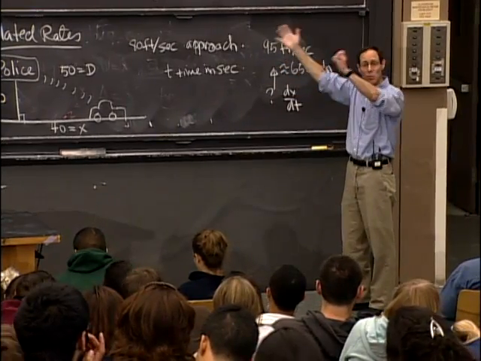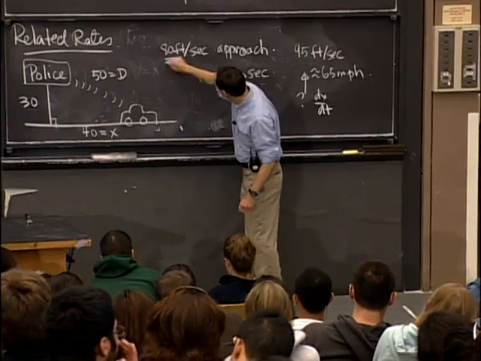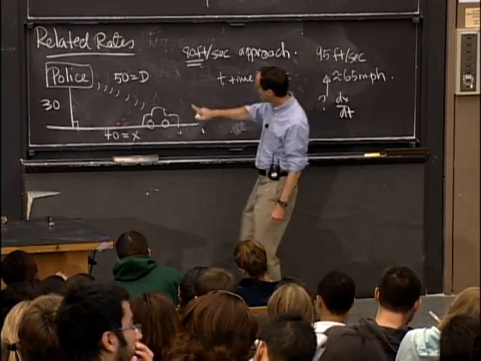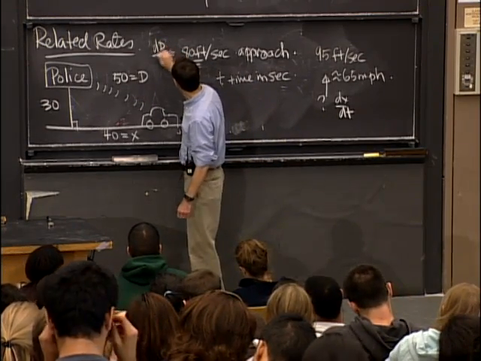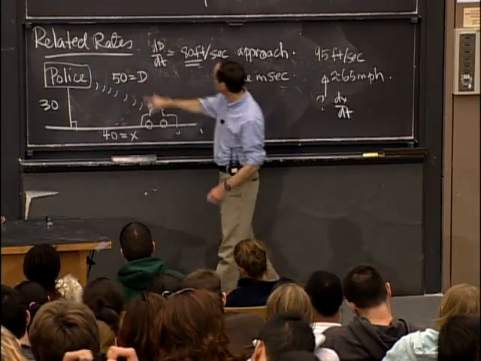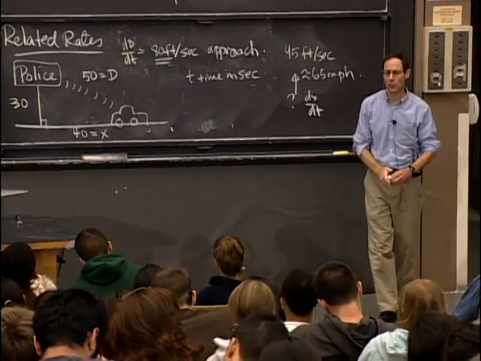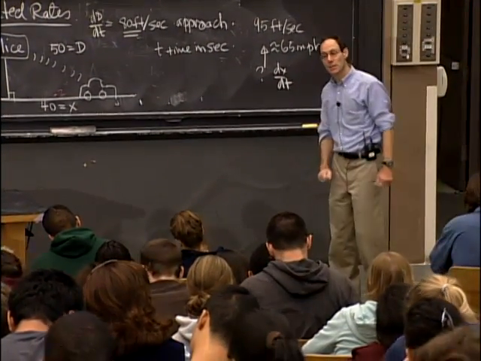So you need to know things about the real world. Now the last bit is, what about this 80 here? So this is how fast you're approaching. Now that's measured along the radar gun. I claim that that's d/dt of this quantity here. So this d is also changing. That's why we needed a letter for it too. So next time we'll just put that all together and compute dx/dt.